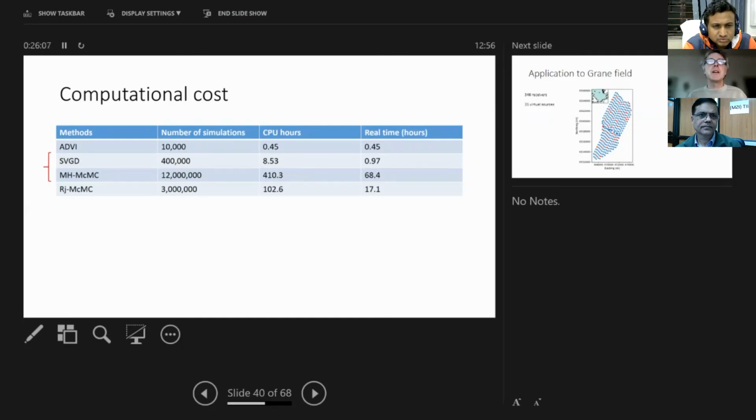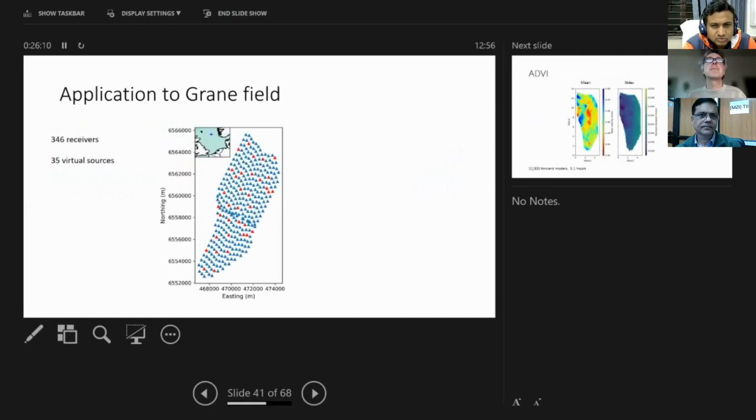Now let's see how these work on real data. This will be very quick and then I'll end. This is an array of receivers on the ocean floor, about 5 kilometers across and 8 kilometers north-south. It's out in the North Sea, so it's on the seabed, with a few days of recordings of ambient noise.